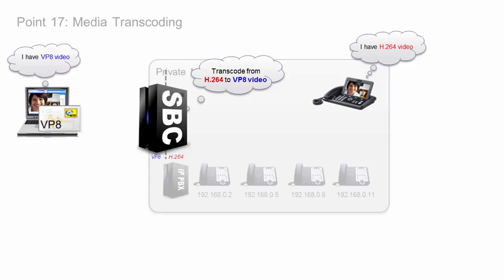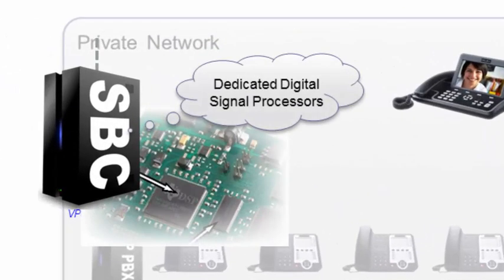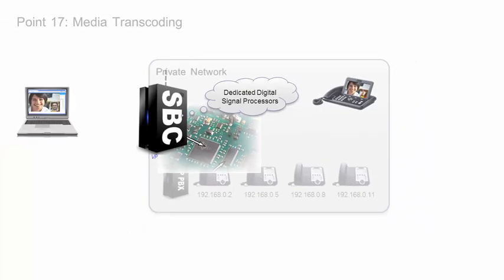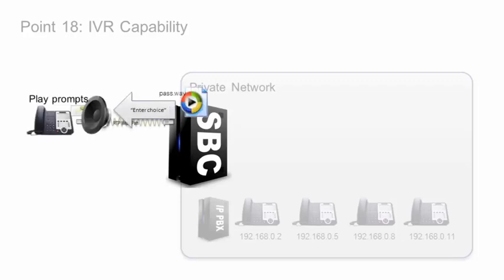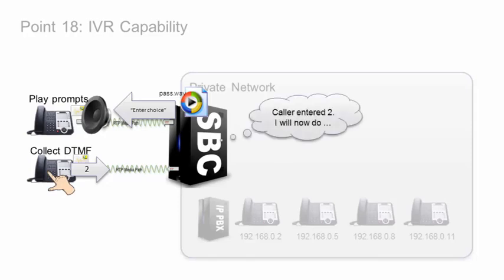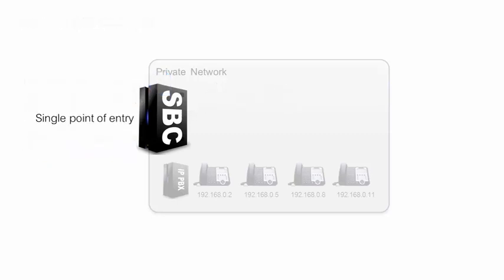Such SBCs typically have dedicated digital signal processors, especially for the purpose. Some SBCs might offer IVR type capability, the option of playing audio prompts, collecting DTMF, and then making choices depending on user input.